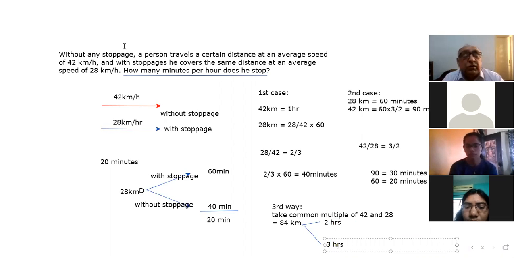So after 3 hours, the time of stoppage is equal to 1 hour. Clear the difference between 3 and 2? 1 hour means 60 minutes. So after every 1 hour, the time of stoppage is equal to 20 minutes.